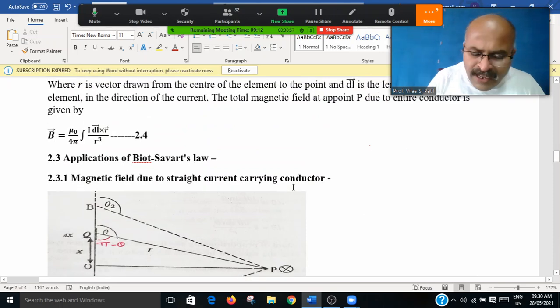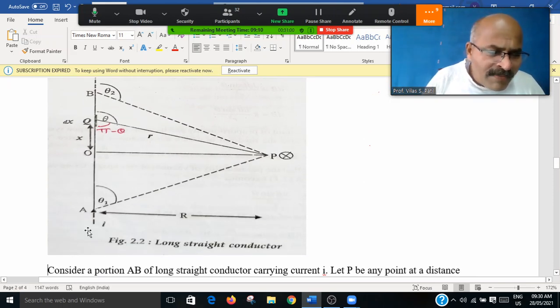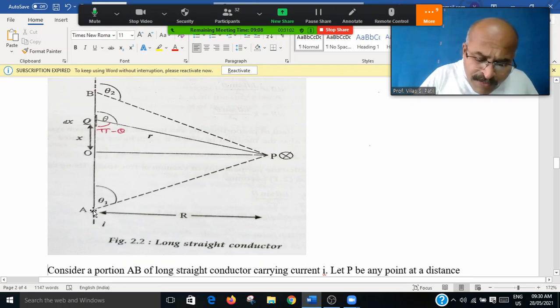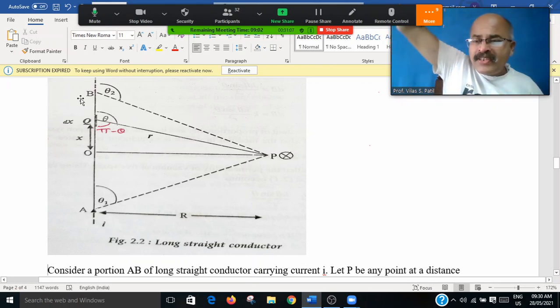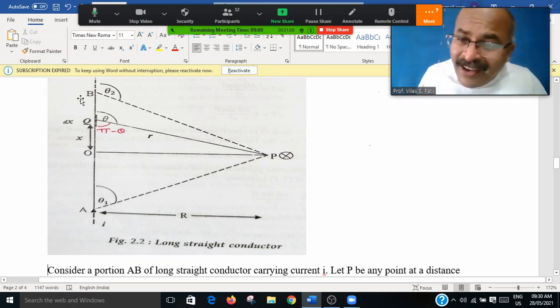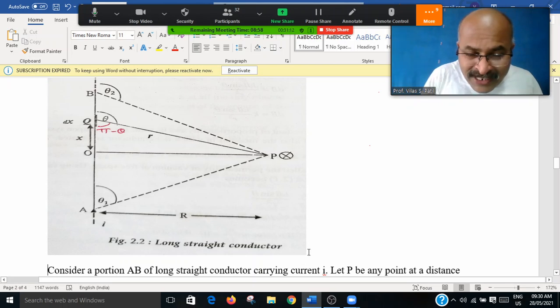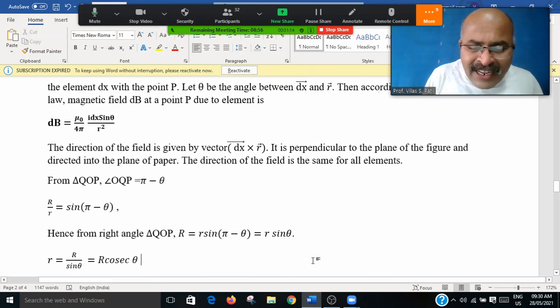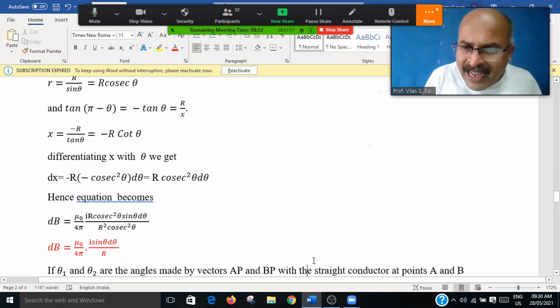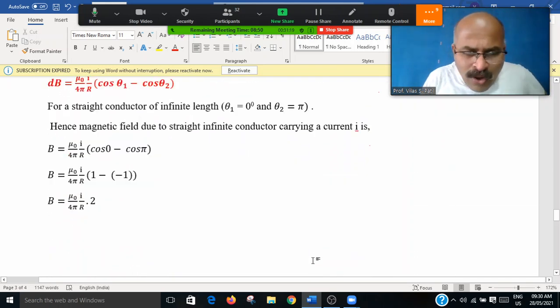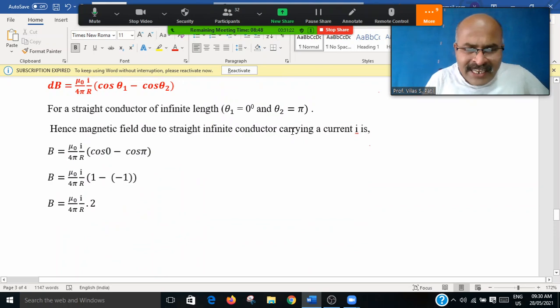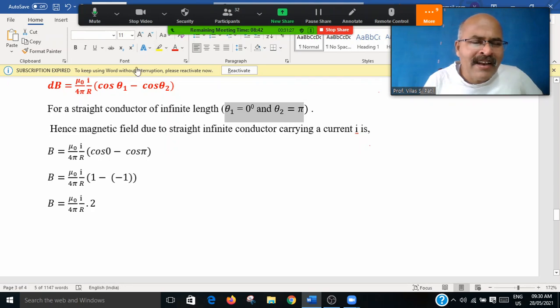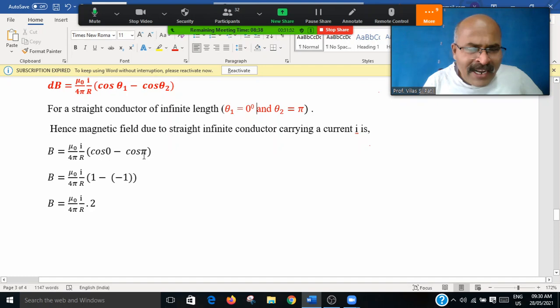This is the diagram, and here if the conductor is of infinite length, this end will go to lower, this end will go to upper, आणि अप्पर अँड लोअर साइडला जाईल. θ1 झिरो होईल आणि θ2 180 डिग्री होईल. म्हणजे मला दोन गोष्टी मिळाल्या. एक θ1 चं लोअर लिमिट मिळालं मला 0 डिग्री आणि θ2 अप्पर लिमिट मला मिळालं 180 डिग्री. म्हणजे θ1 मला मिळालं 0 डिग्री आणि θ2 मला मिळालं 180 डिग्री, पाय म्हणजे 180 डिग्री. आता मॅग्नेटिक फील्ड मला कॅल्क्युलेट करता येईल.